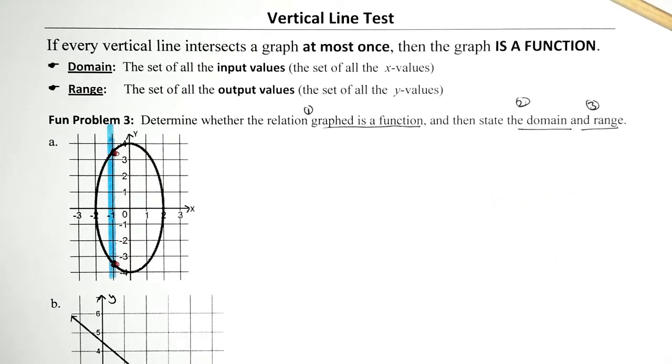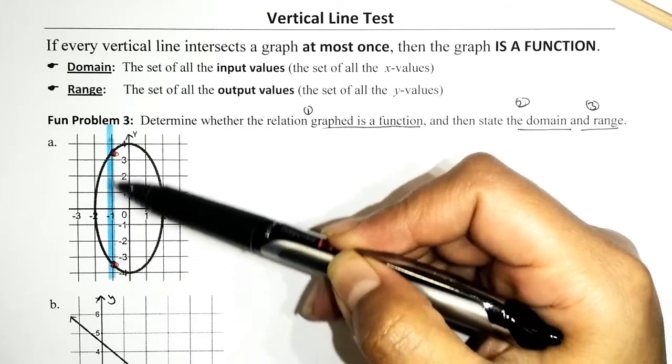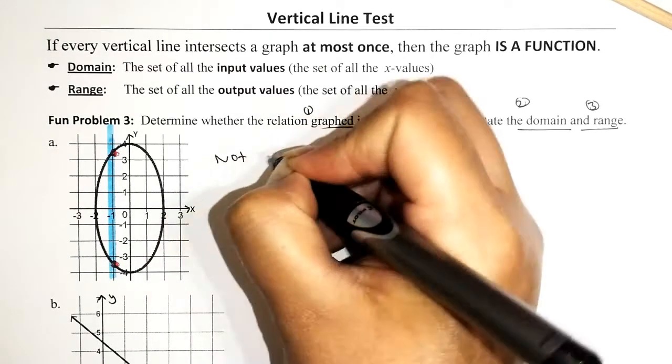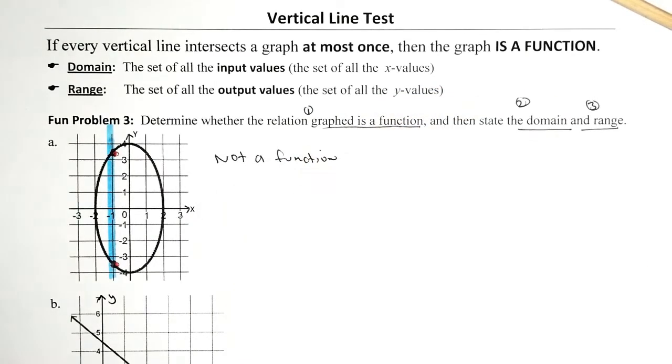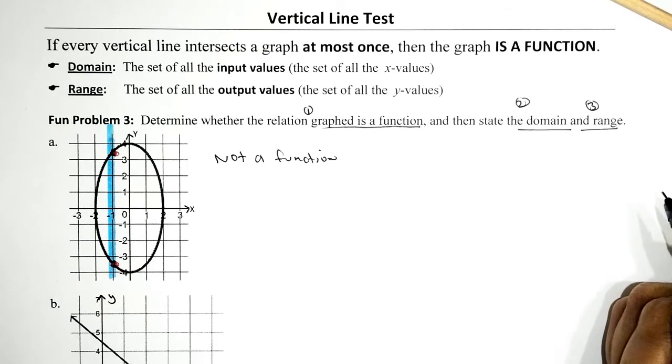Because this vertical line intersected that graph in more than one place, this graph is not a function. So let's write down one of our answers: not a function. What's so cool about the vertical line test is that it's a nice visual way to see if each input corresponds to one output.